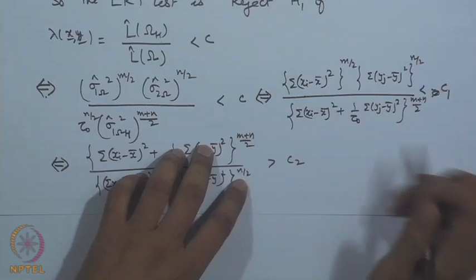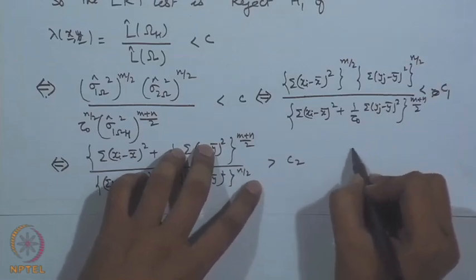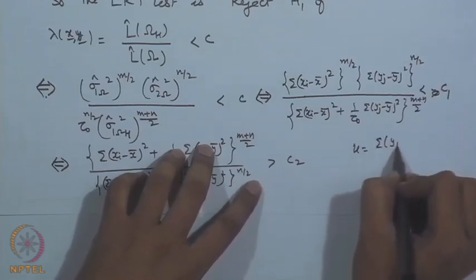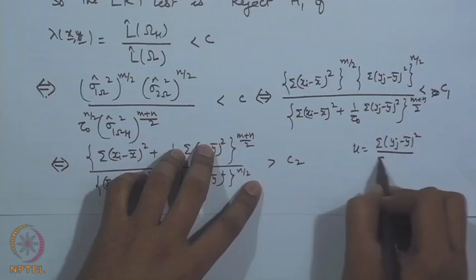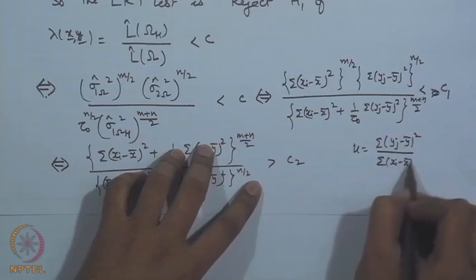Now, let me define u equal to sigma (y_j minus y bar) square divided by sigma (x_i minus x bar) square.